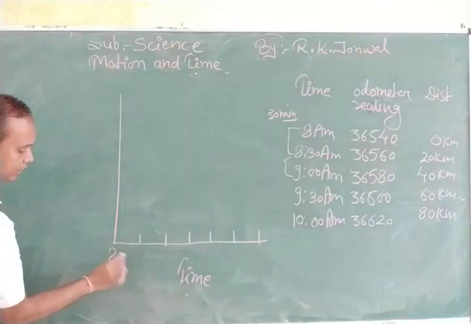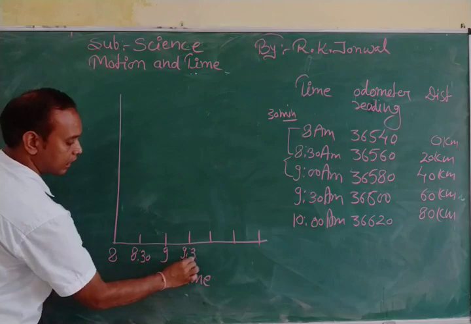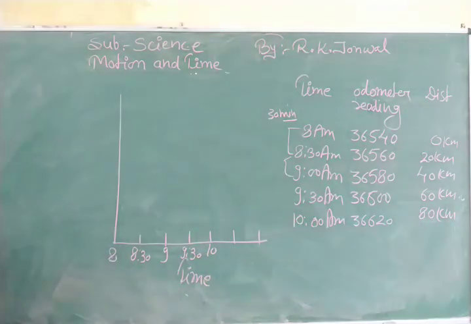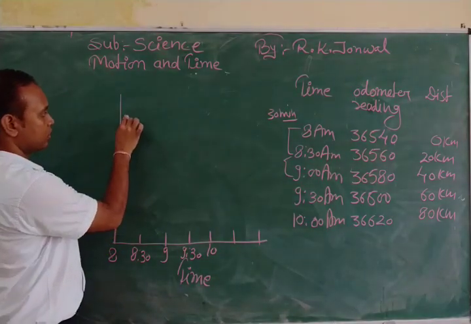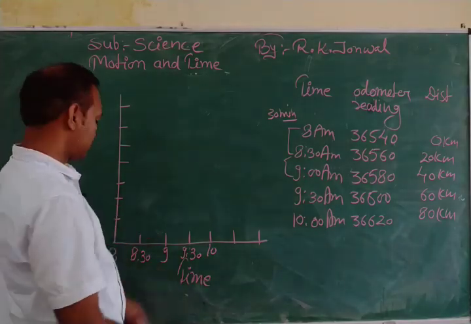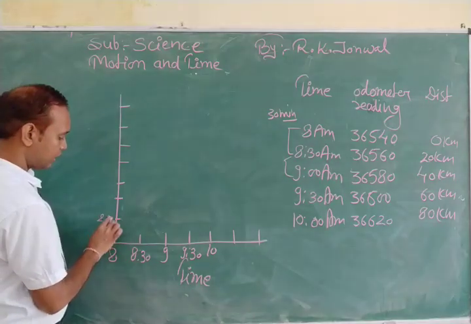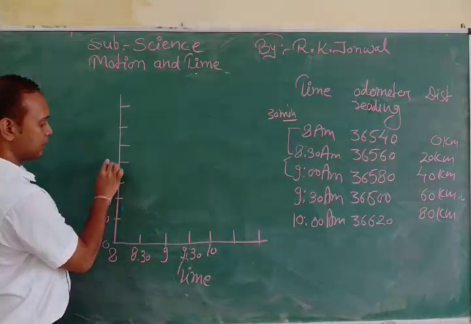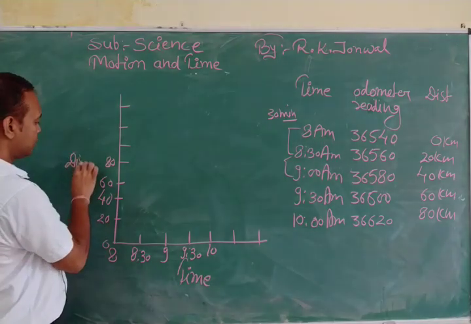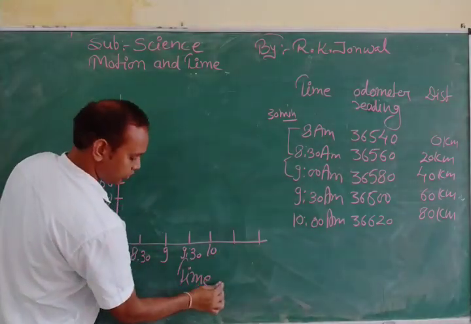So 8:30, 9:30, 10. Then there is also distance 0, then 20, then 40, then 60 and 80. Distance in kilometer, against time.